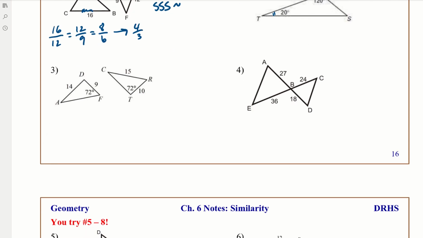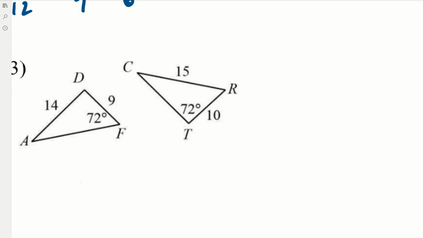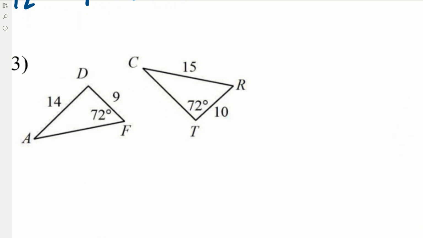Okay, so let's look at this next one, number 3. Let's look at what I have here. I have information about 2 different side lengths, and I have information about an angle. But something I'm noticing is that I would prefer to know the angle between them. You know what I mean?